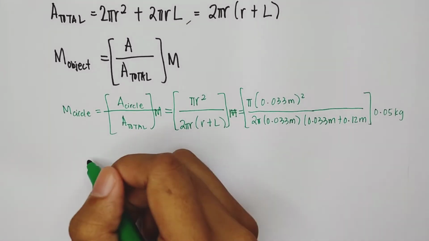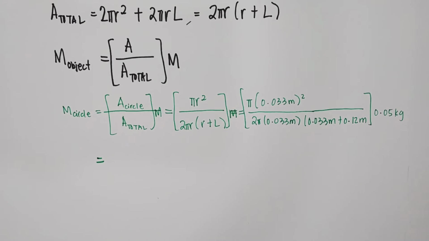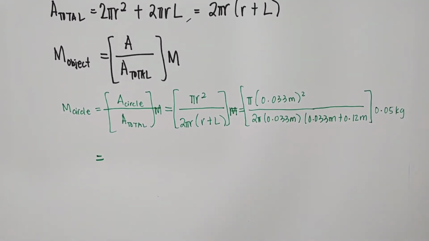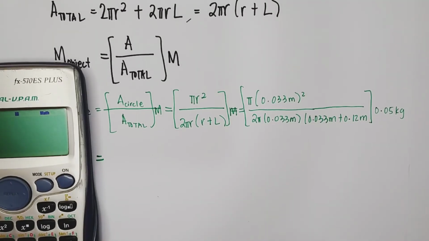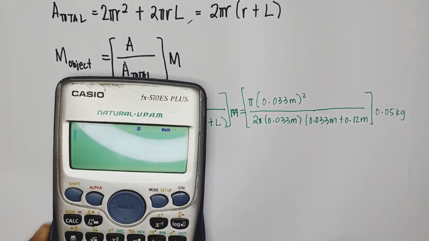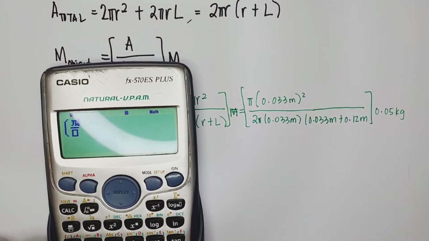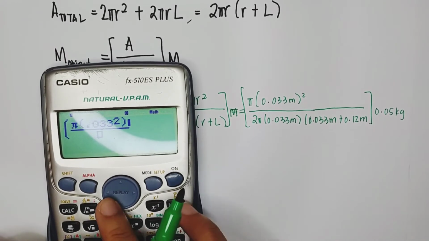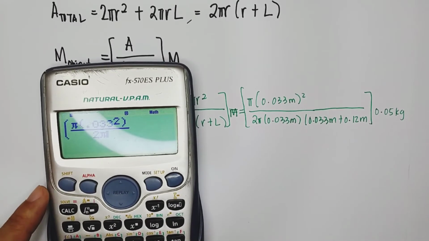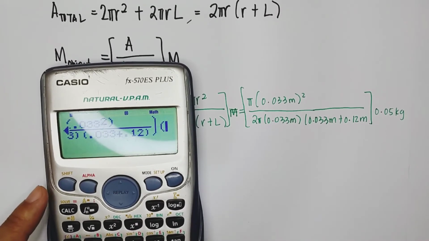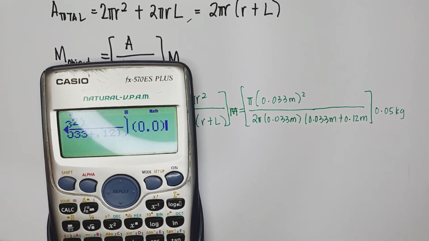After that, we have the mass of our circle. We need to input this in our calculator: pi times 0.033 squared over 2 pi times 0.033 times (0.033 plus 0.12), times our 0.05 kilogram.